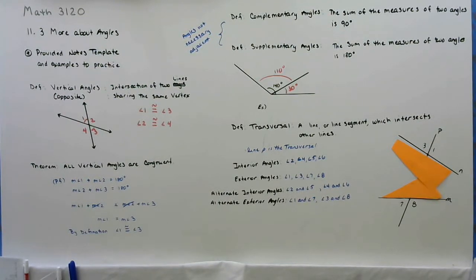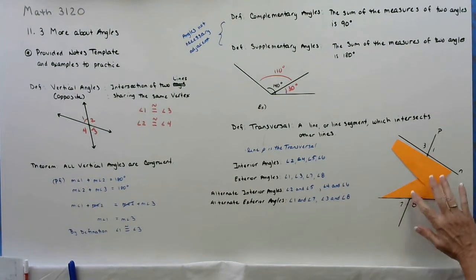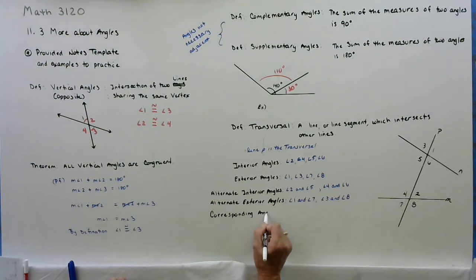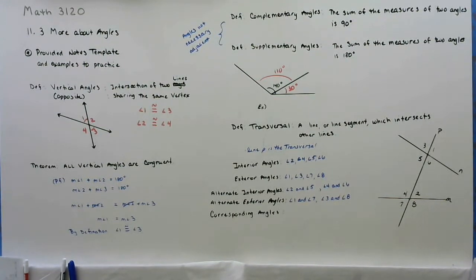And then let's take a look at what are called corresponding angles. Corresponding. You might want to put this in words. Corresponding angles are located in the same position. So for example, if I look at angle number 1, notice where angle number 1 is located.